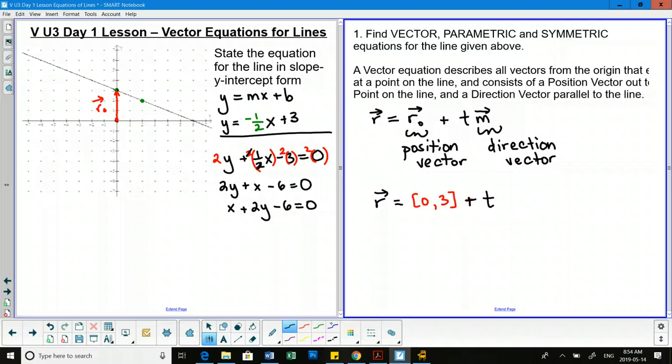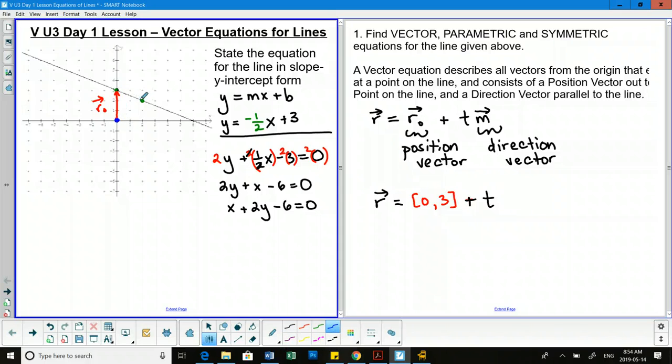And then I need a vector that starts at 0, 0 that is actually parallel to my line. So essentially, it has to have the same slope as my line. This vector right here that has the same slope as my line goes from here to here. You'll notice that it goes down 1 and over 2, just like the slope of our line does.